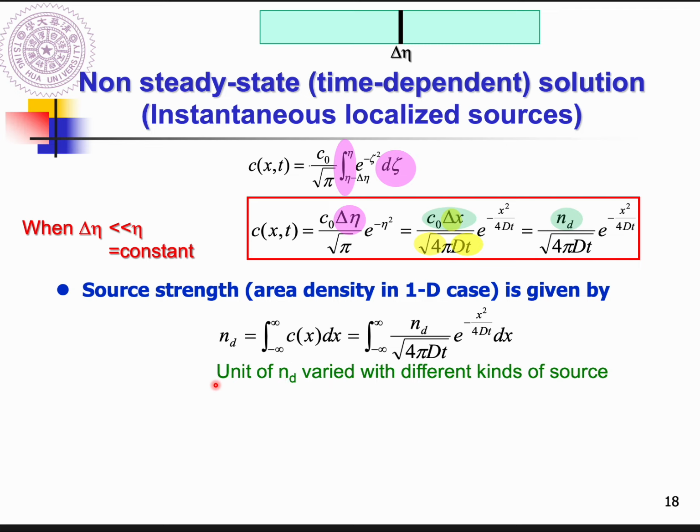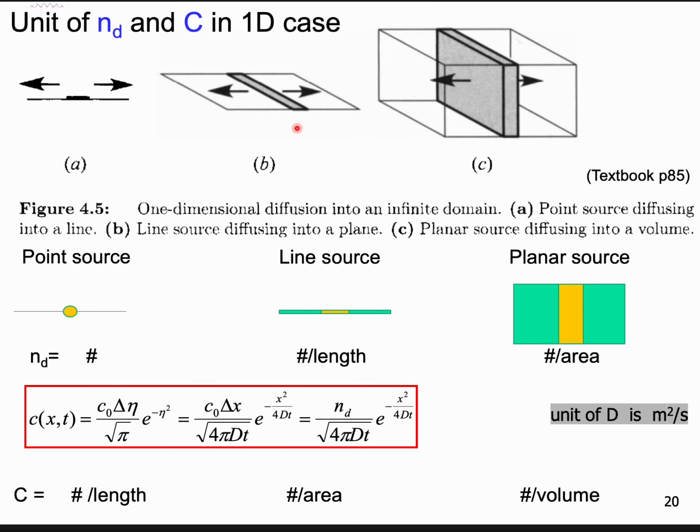Okay. And we also highlight that the unit of ND varies with different kinds of source. What does this mean? Let's move to these examples. We have different kinds of source: point source, line source, and planar source. So the unit for ND will be different, right? For a point source it will be the number of diffusing atoms.